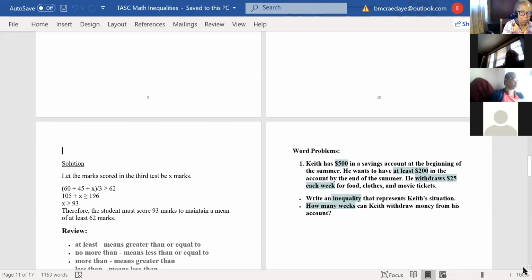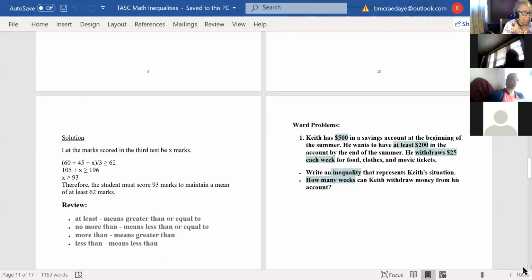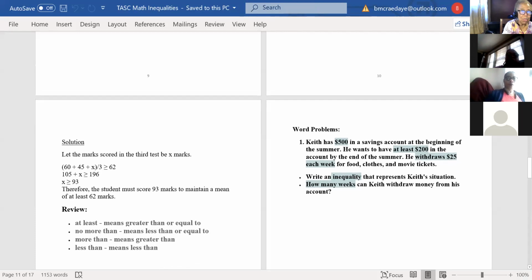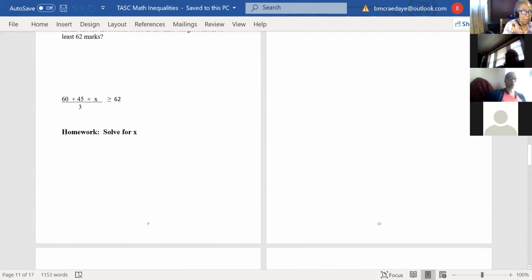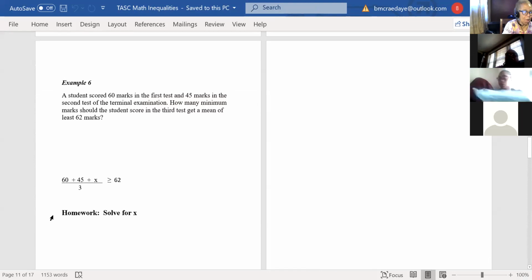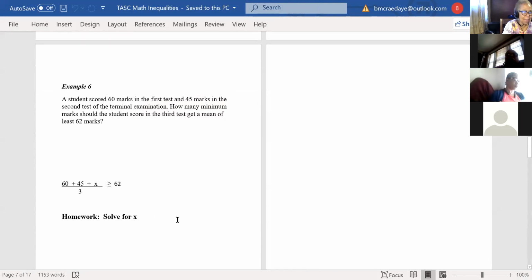Okay, you had one problem on inequalities, right? Maureen, you remember the one problem? Right here, I said homework, solve for X. Example 6. A student scored 60 marks in the first test and 45 marks in the second test of the terminal examination.